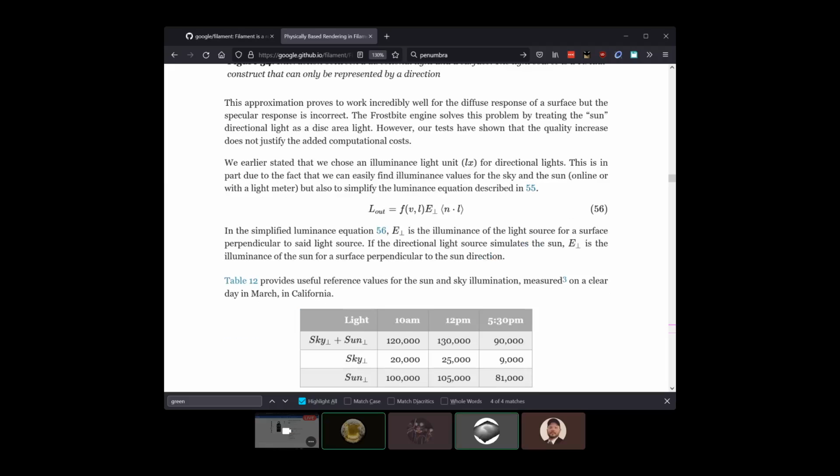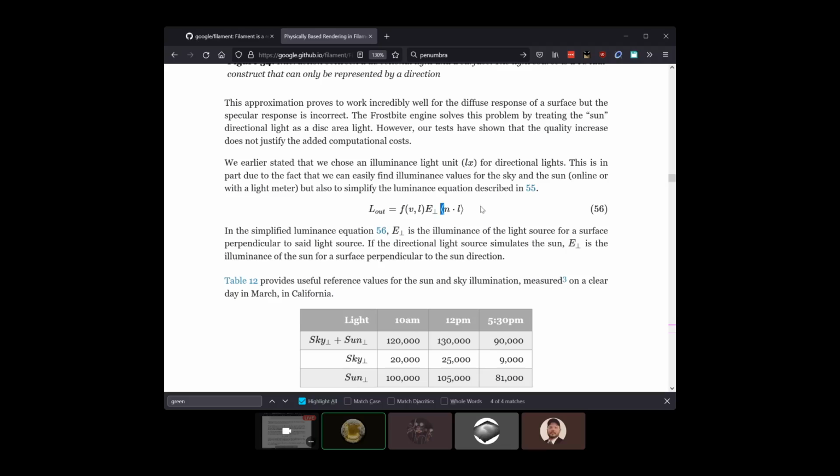So they have E is the illuminance of the light source for a surface perpendicular to said surface, times the dot product of the light and the normal of the surface. What are the brackets? Is that normalized? Magnitude maybe, I don't remember off the top.